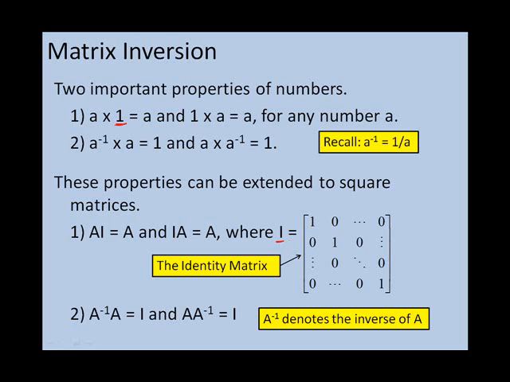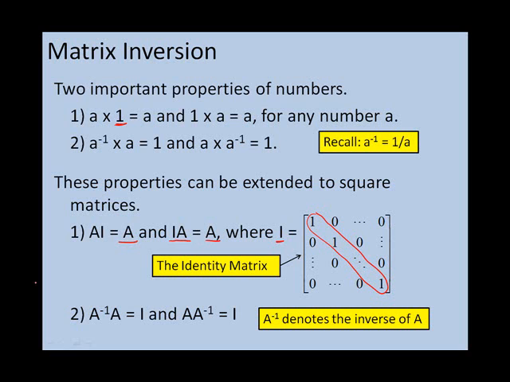I, an identity matrix, just has 1s in the diagonal elements and 0s everywhere else. So if we multiply A by the identity matrix, we get A. Similarly, if we multiply the identity matrix by A, we also get A.